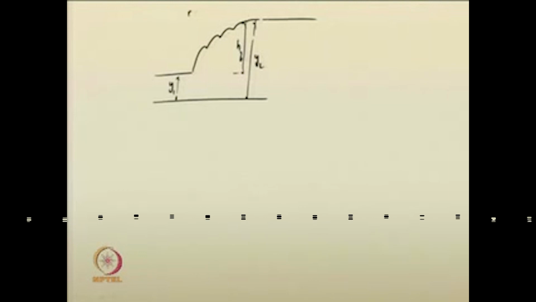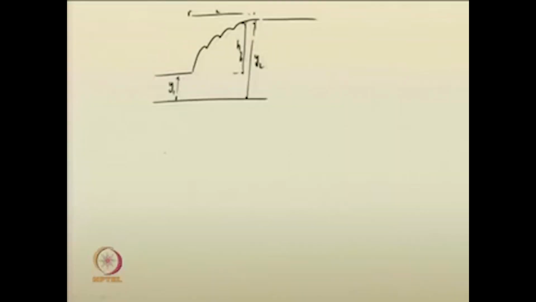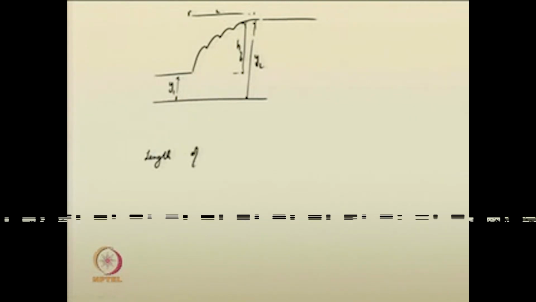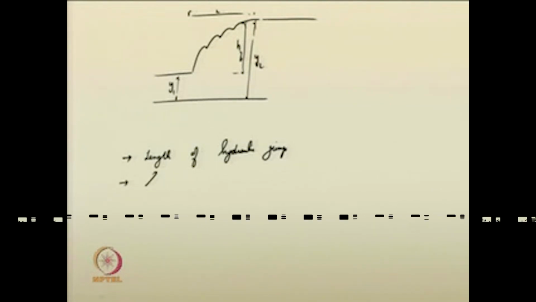You can also think of the length of a hydraulic jump. How will you evaluate the length of the hydraulic jump? It could also be considered as a property of a hydraulic jump. You can also think of a feature in a jump, that is the surface profile.